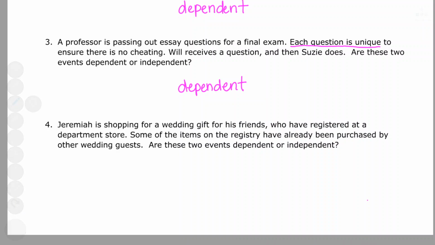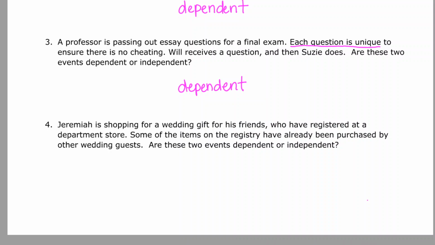Number four, Jeremiah is shopping for a wedding gift for his friends who have registered at a department store. Some of the items on the registry have already been purchased by other wedding guests. Are these two events dependent or independent? Now, when you go and buy someone a wedding gift, they go and register. So they go and pick out different gifts that they want. Well, they don't want duplicate gifts, right?